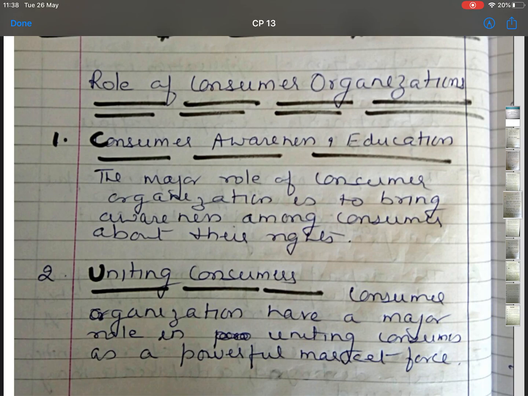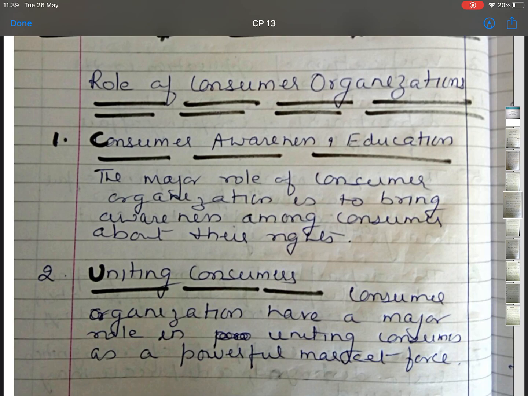In the light of above, the role of consumer organization can be discussed as under. First is consumer awareness and education. The major role of consumer organization is to bring awareness among consumers about their rights. This role a consumer organization does by increasing consumer awareness.